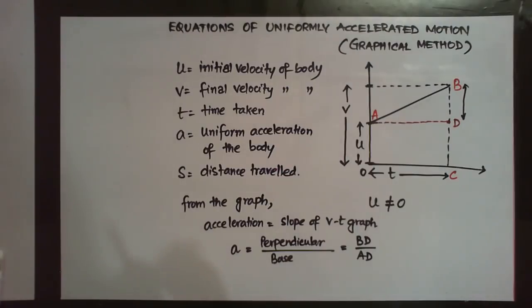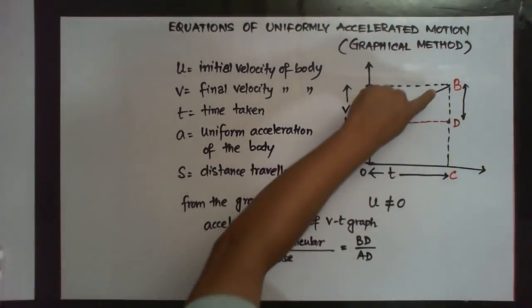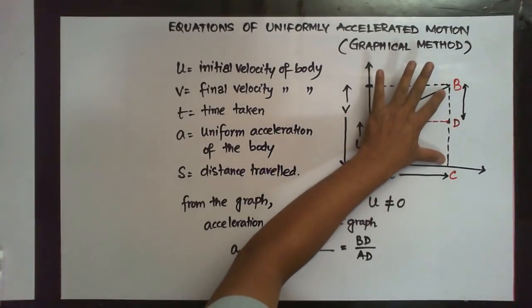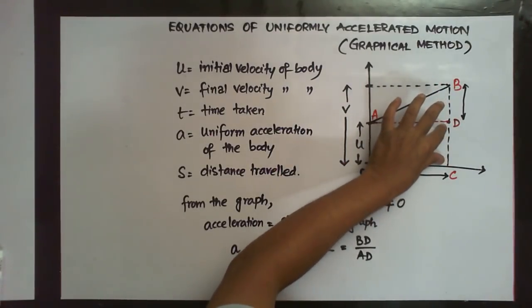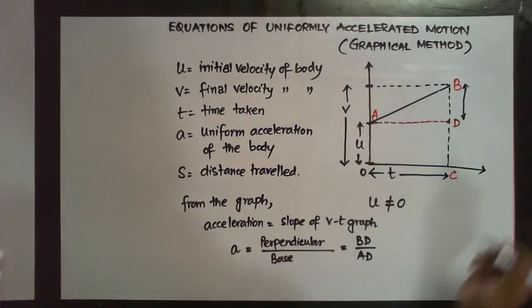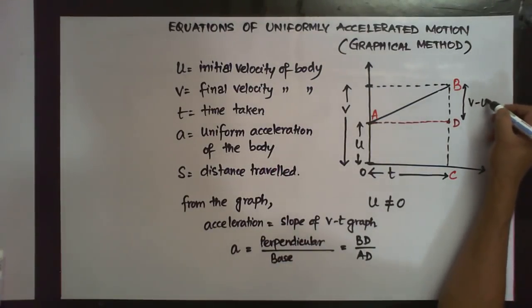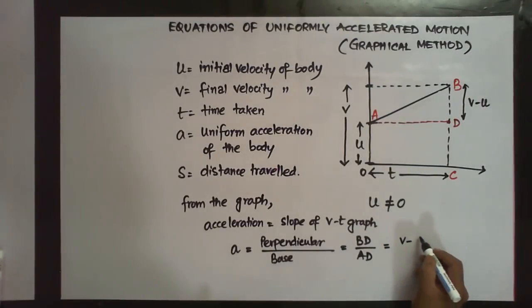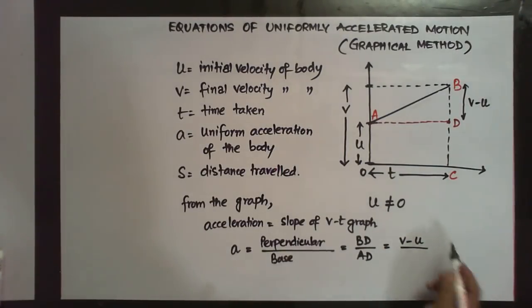So what is the length of BD? If you look at this graph, B to C is completely v and this distance is u, so this would give me v minus u. So BD length is v minus u and the length of AD is t.